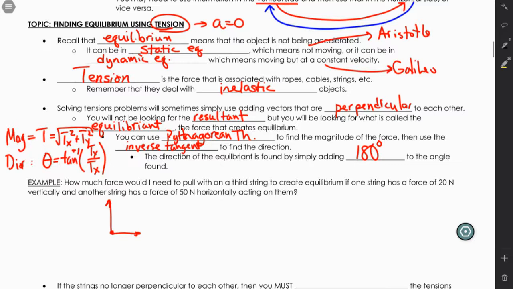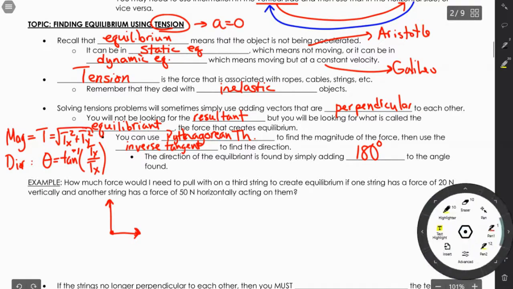Here's my free body diagram. Notice that when we add vectors, we place them tip to tail. This is my vertical and this is my horizontal.